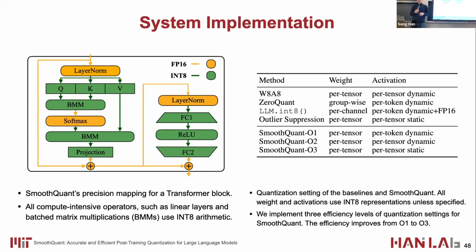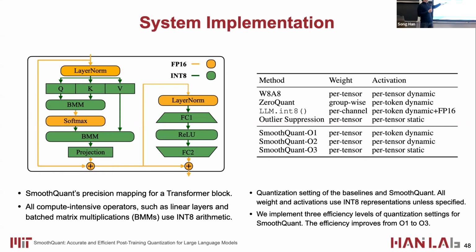All right, so let's see at runtime what happens. This is QKV, like we mentioned in the last lecture on how the attention mechanism works. We have two BMM, batch matrix multiplications. One is calculating the attention map. The other is the weighted sum of the attention map versus the V vector. And all the green parts, now we can process them in int8.